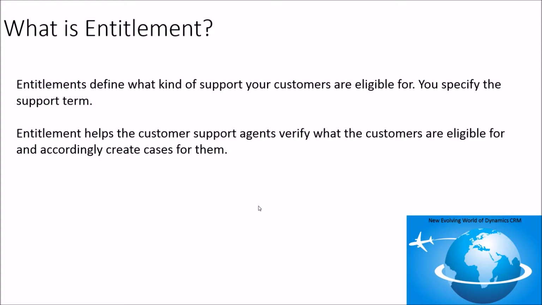In simple terms, entitlement is the customer service support term. It is a set of rules following which you serve your customers. You define certain business rules, certain terms for the support, and you serve your customers based on those terms. That is entitlement, but nothing more than that.